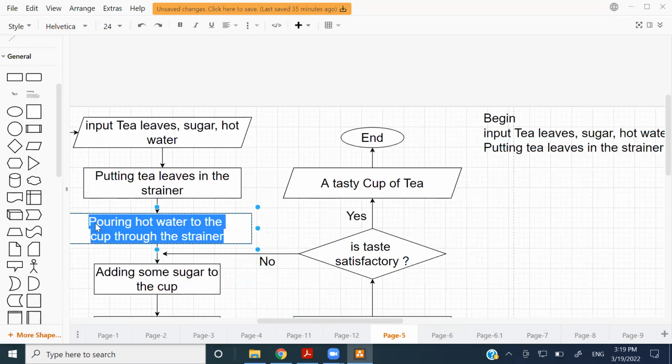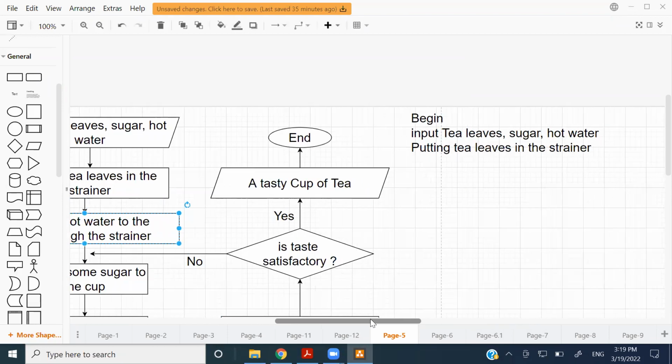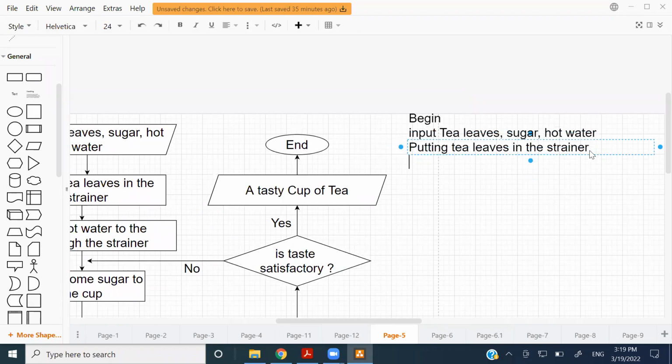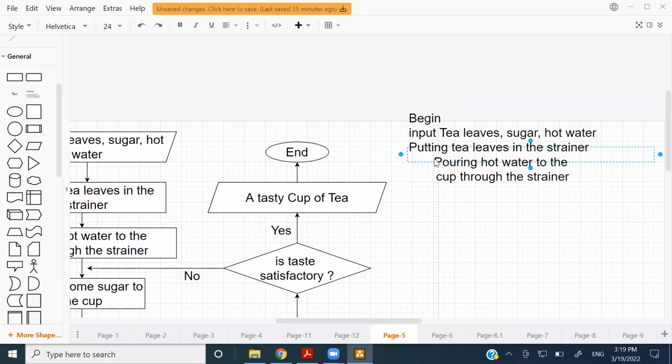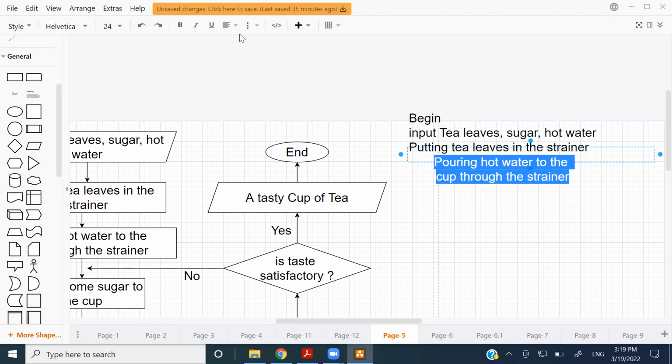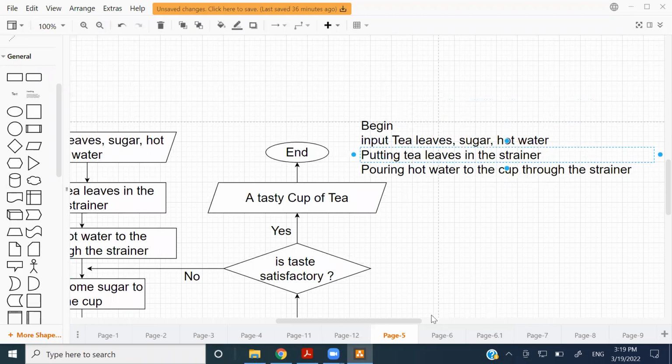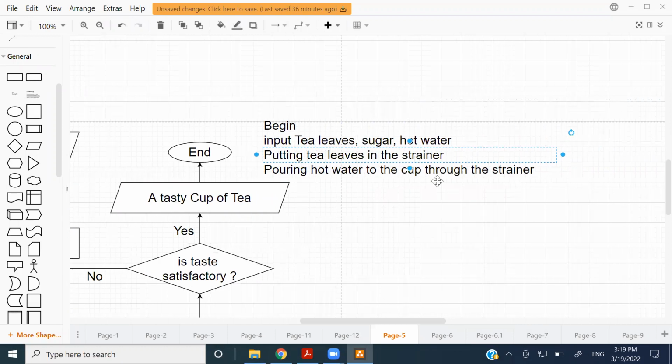Then pour hot water into the cup through the strainer. That particular statement will be there. Okay.